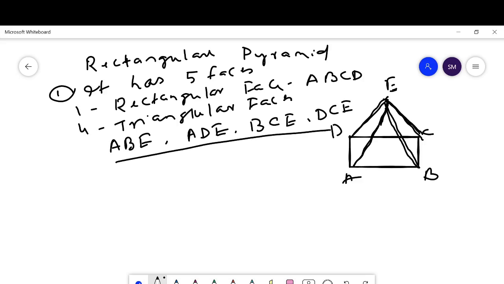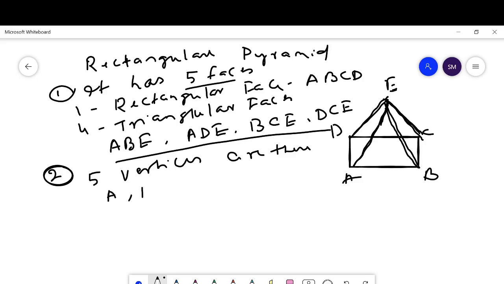There are 5 faces and 5 vertices. The vertices are A, B, C, D, and E.